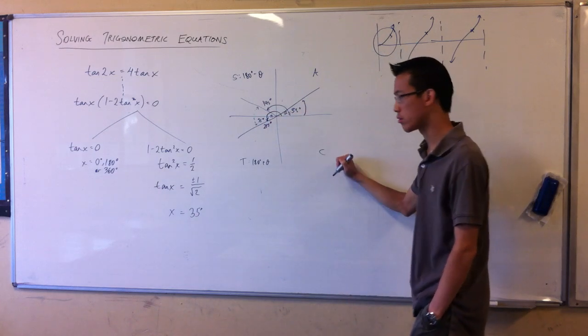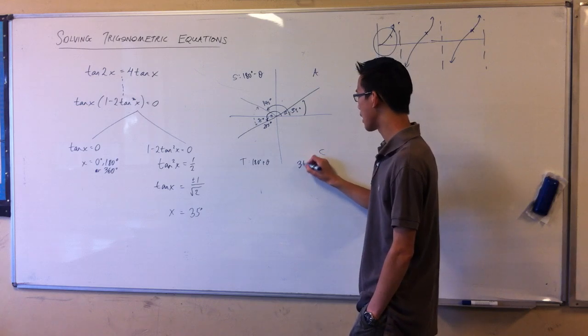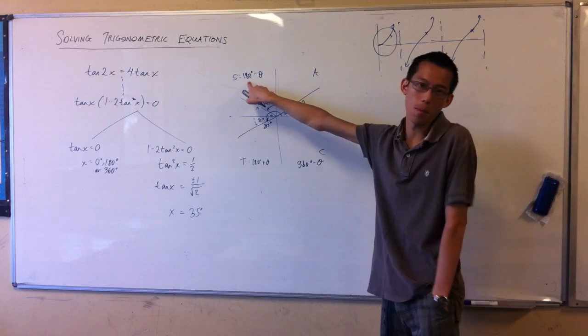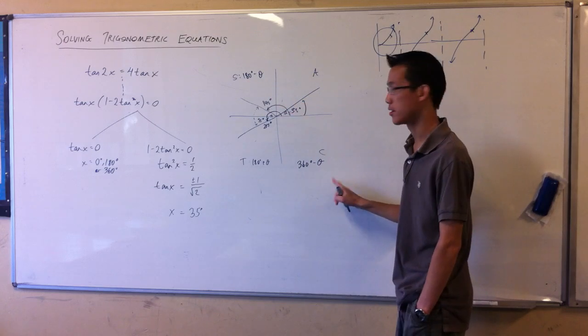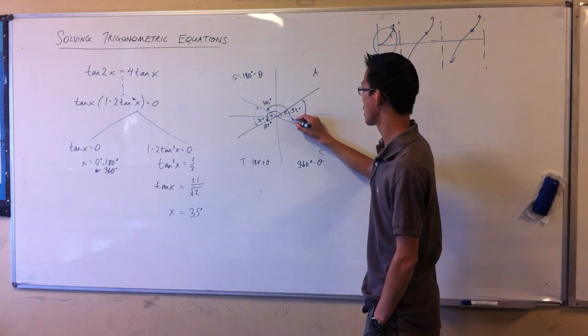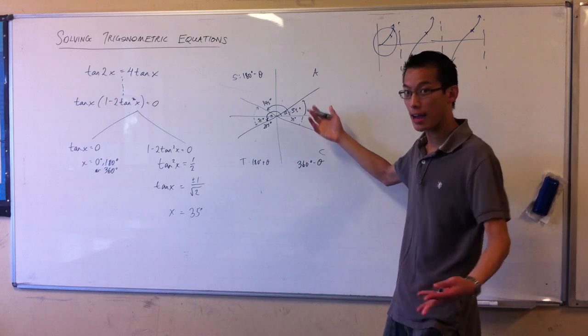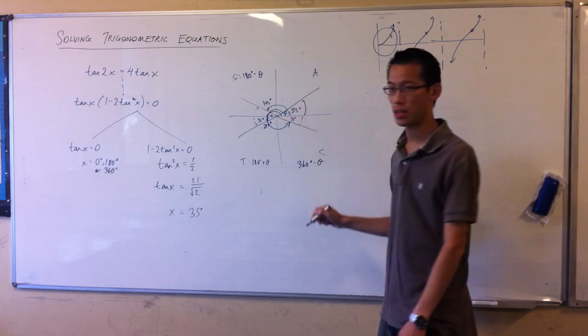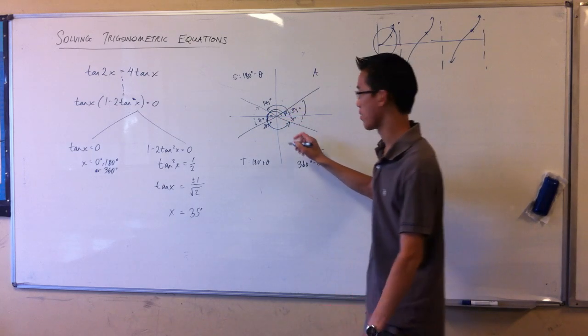And when I go into my final quadrant, the fourth one, again I'm going to get another reflex angle. This time it will be 360 minus theta. Okay, so here's our last angle. That's 35 in there. So the actual angle I'm after whips all the way around to here, so it's 325.